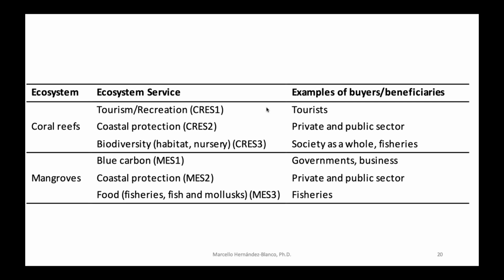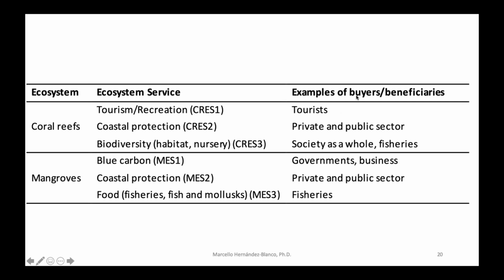So as a habitat, as a nursery also for commercial fisheries, it's key. And I have given some codes because at the end I put everything together, so it's easy to remember how you associate the ecosystem services with different components.